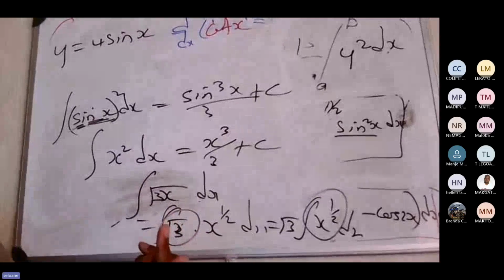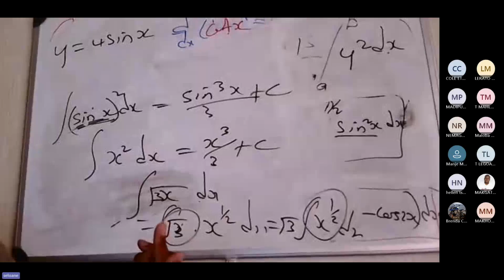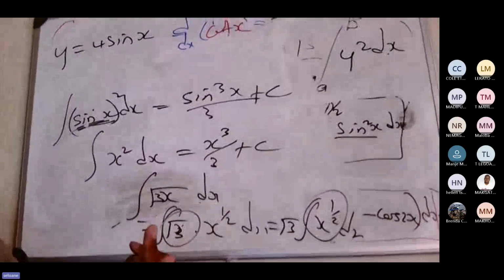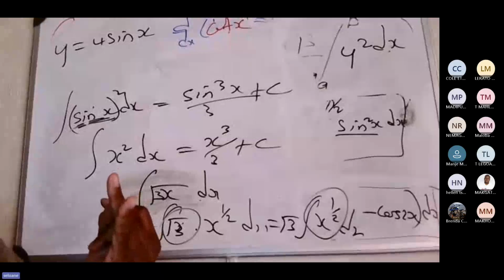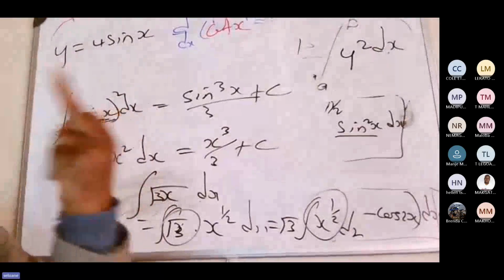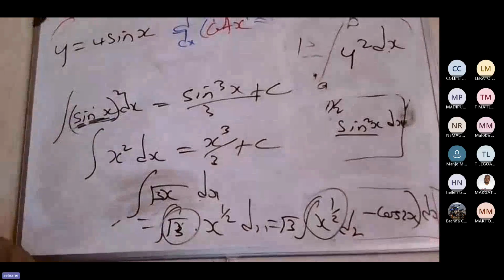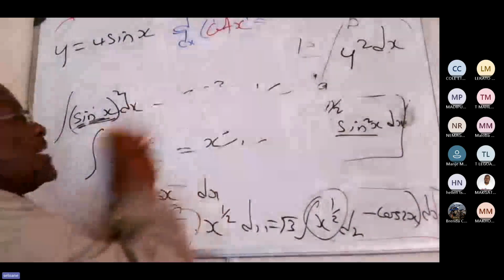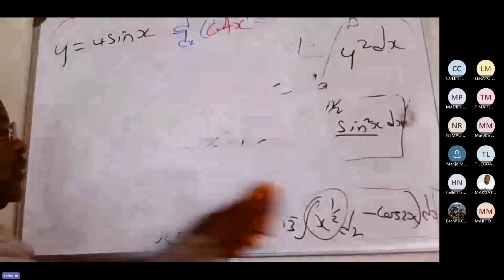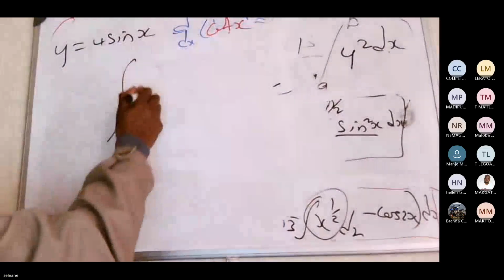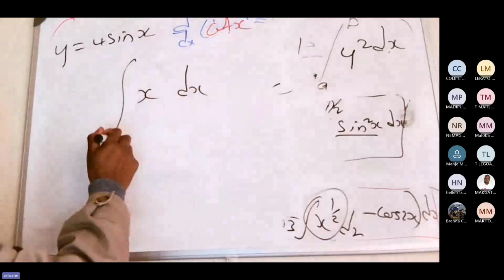You have to use some techniques, rewrite it in another form, but at the end, be able to integrate it. Now, the last group of integrands, you can't integrate them. They are not integrable at all. But then the question is, we have said it is from 0 to 1.